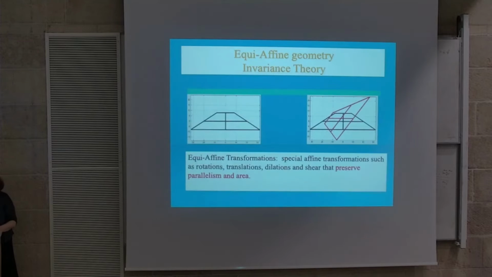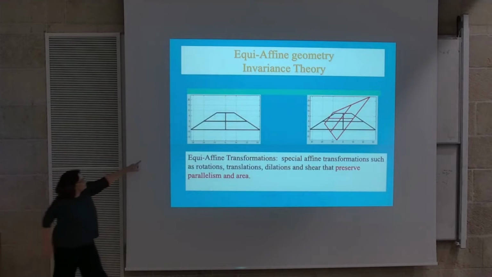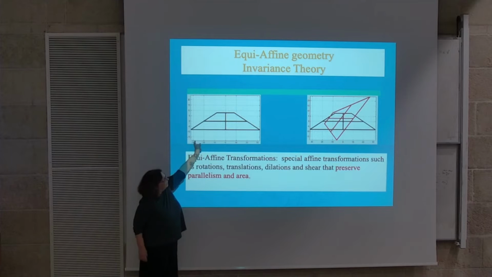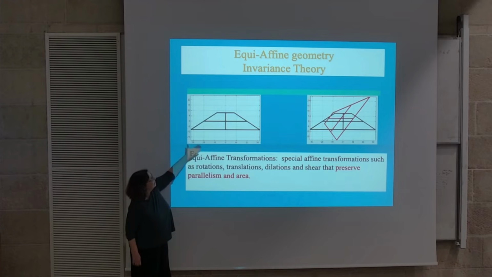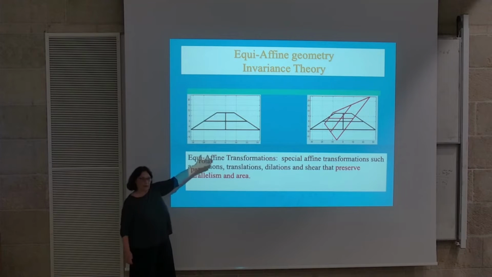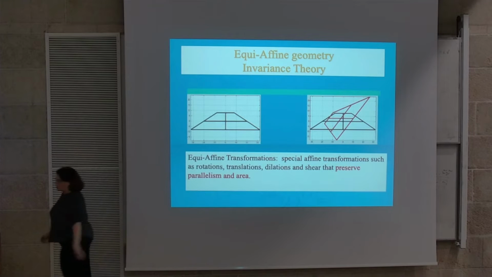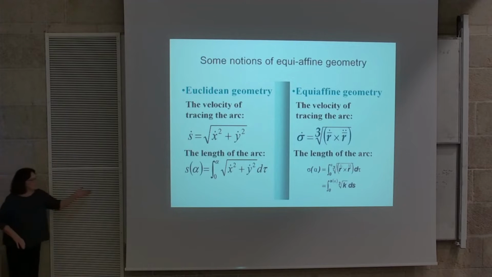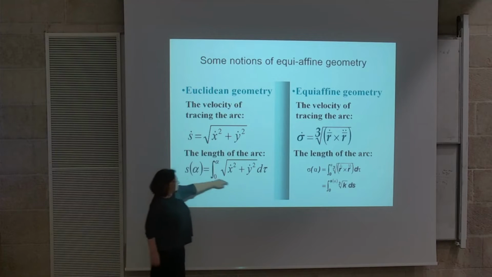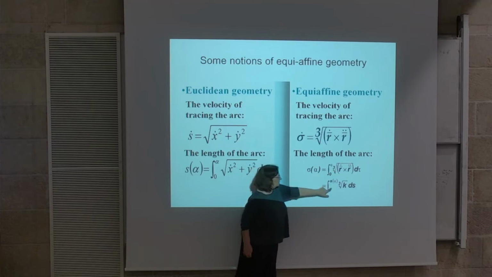This applies here too. If I take a trapezoid and stretch it, preserving parallel lines as parallel, I get a new trapezoid. But to be invariant under equiaffine transformations, I just have to preserve the area of the trapezoid. Mathematically, you can express this: the equiaffine distance is the Euclidean curvature to the power 1/3 times the Euclidean distance.